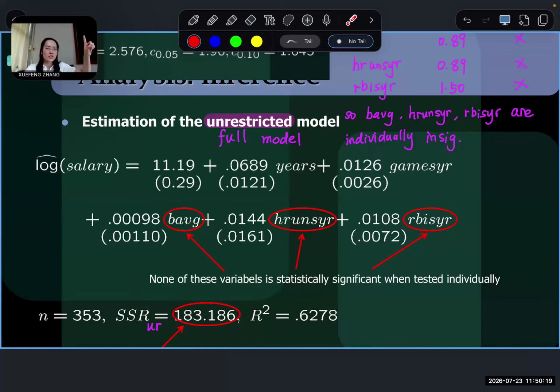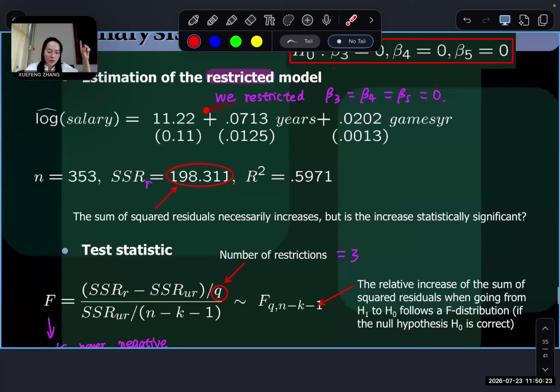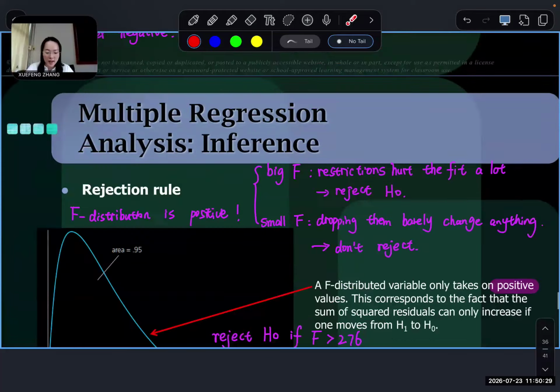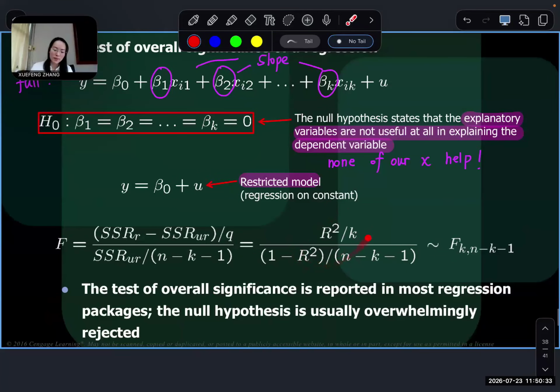This is once. And then we run the restricted model again, which means we need to run at least twice to get the restricted SSR, right? But in this special case, we just run once, okay? And then we get R squared, so you can get the F statistic as well.